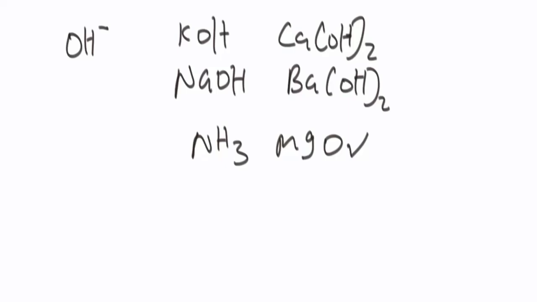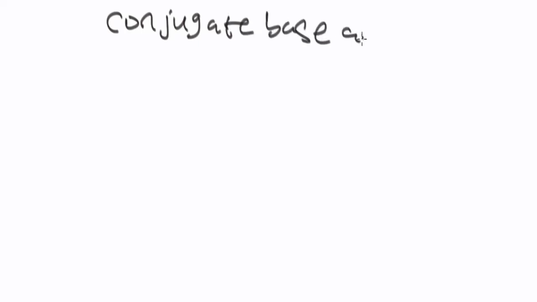Let's wipe this. Okay, so the concept of conjugate base and acid in chemistry. Alright, so basically a conjugate acid is a base that a proton or hydrogen ion is added to, whereas a conjugate base is an acid that a proton or hydrogen ion is removed from.